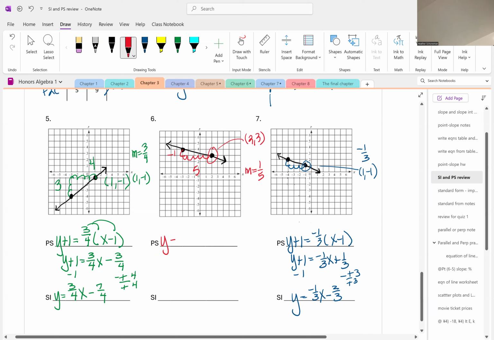So in point slope form, I'm going to have y minus 3 equals, whoops, totally miswrote that, 1/5 times x minus 2. So now I distribute. So I have 1/5 x. 1/5 times 2, multiply straight across the top, and I get 2 over 5, because 1 times 2 is 2, 5 times 1 is 5. Okay, now we need to add 3 to both sides.